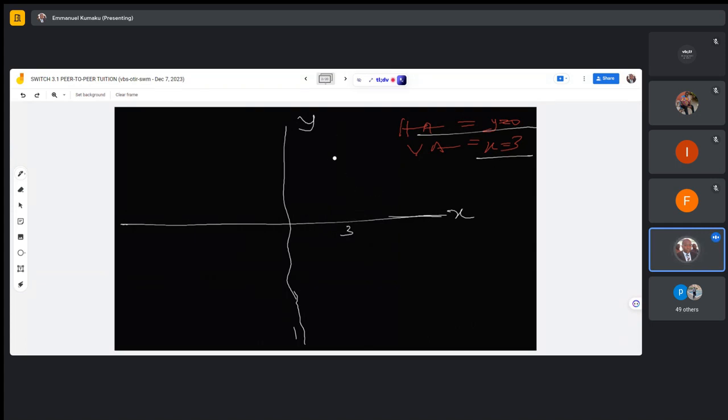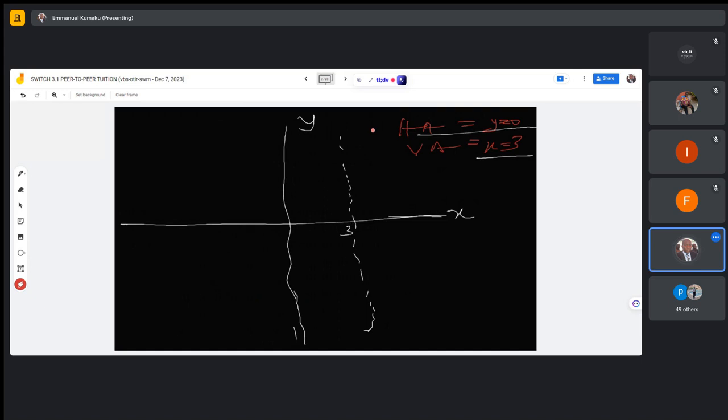Normally we use dotted lines. These 2 lines, the asymptotes, will divide your graph into 4 compartments. It means the curve can be here, there, or there.